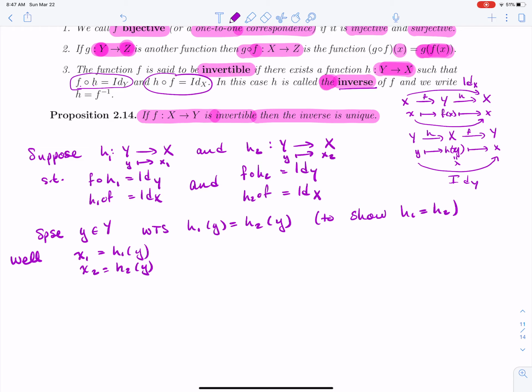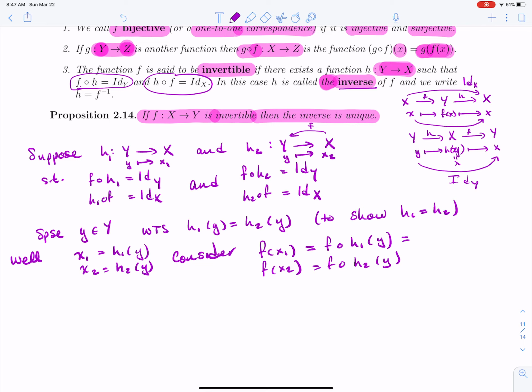So what I could do is use my f to go backwards. So consider f of x1 and f of x2. Okay, so what are those? Well, that's f following h1 of y, and it's f following h2 of y, right?